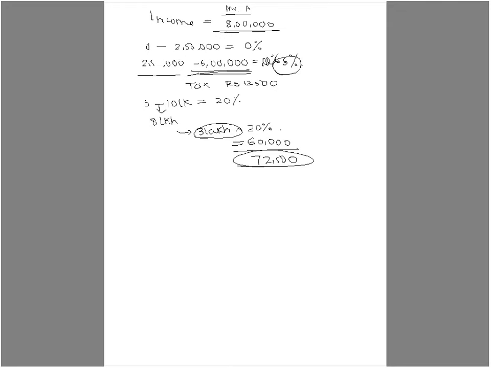Between 5 lakh to 10 lakh, you're earning an incremental 3 lakh. For a person who is earning 8 lakh, till 5 lakh you have to pay 12,500, and above 5 lakh, you're earning 3 lakh on which you're paying 20%. I hope this is clear.